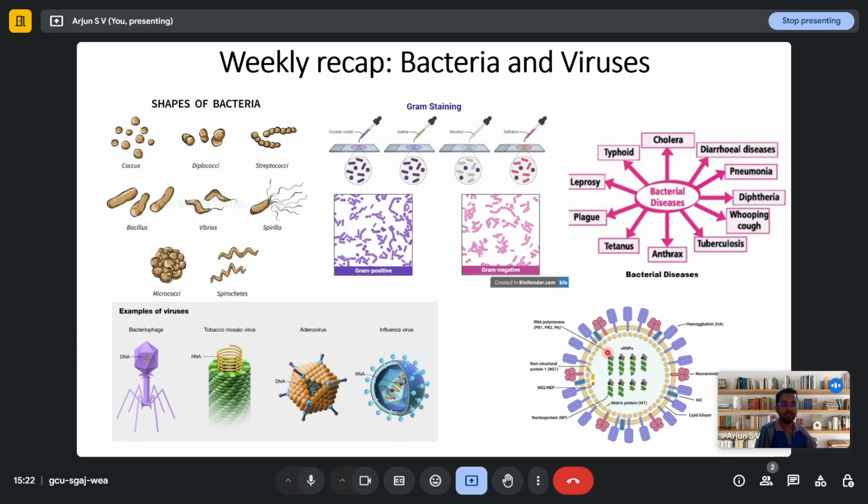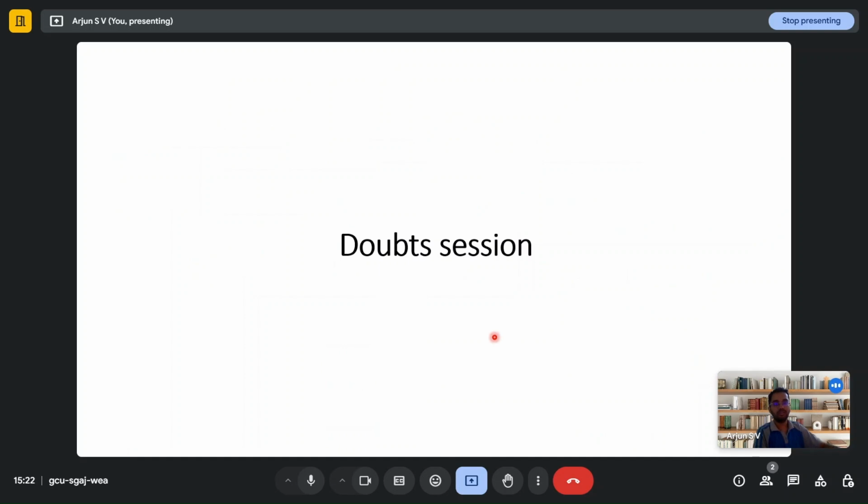The H and N represent hemagglutinin and neuraminidase, and depending on the type of hemagglutinin and neuraminidase present on the viral coat, we are able to classify the influenza virus. So that's all about the weekly recap for this session.